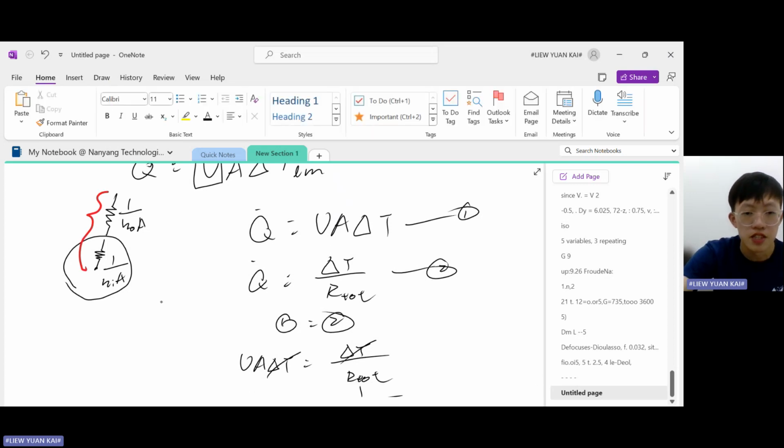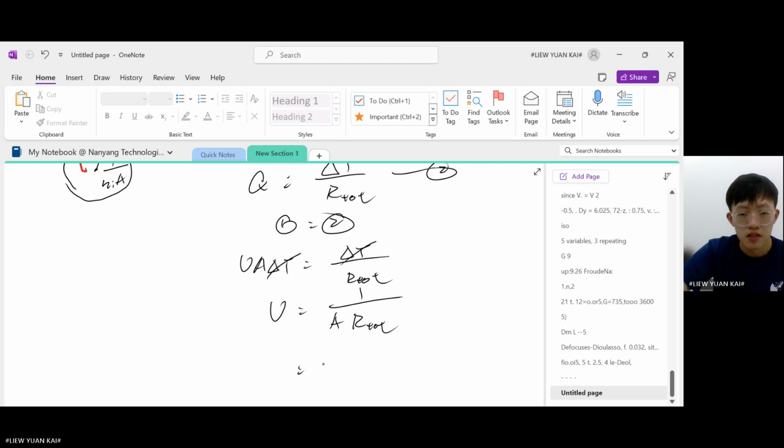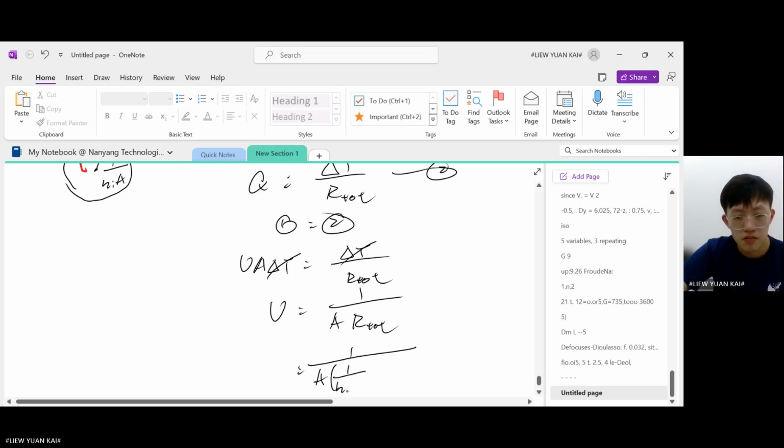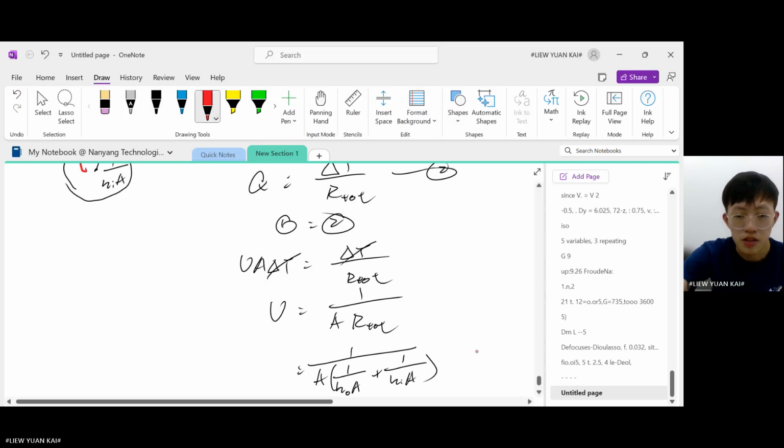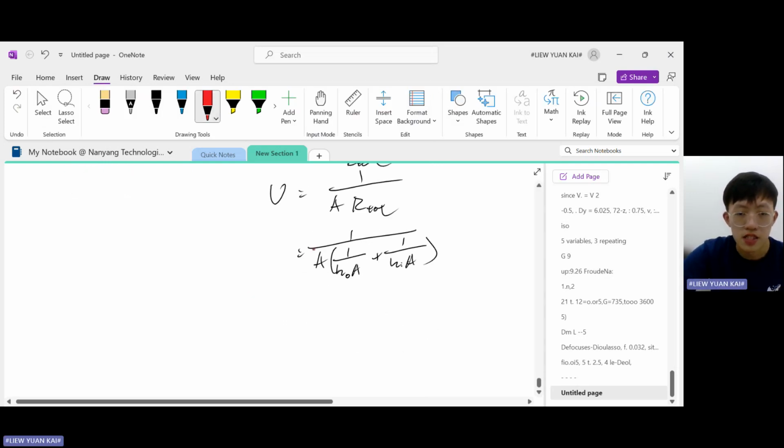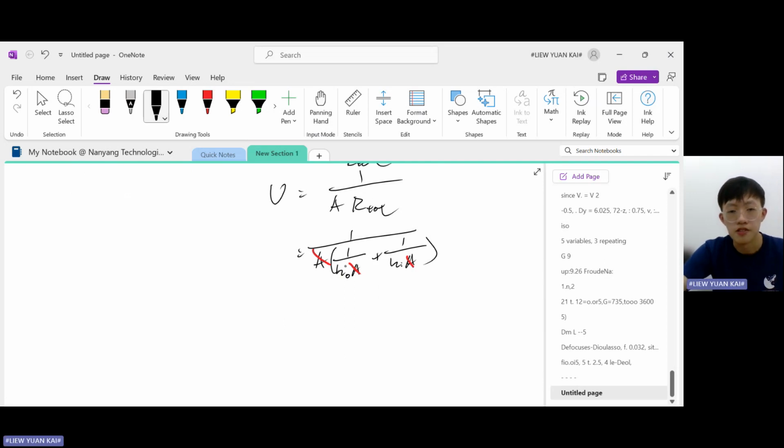If it's in series, you just add them up straight away. Then you can cancel the areas, so this cancels with this and with this. And now we need to sub in the heat transfer coefficients, meaning this one and this one.